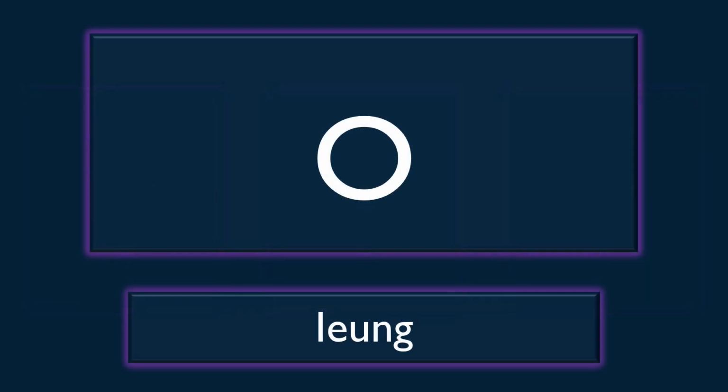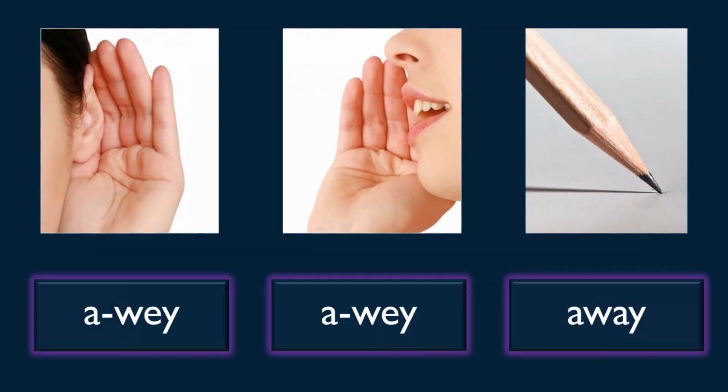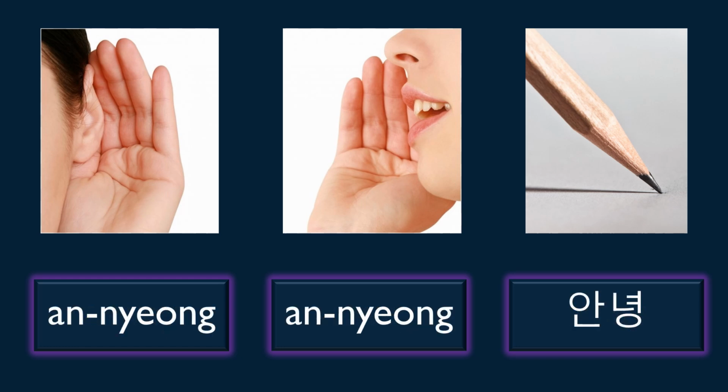Do you still remember that I told you about the silent consonant ieung? If the word begins with a vowel sound, then we know that the word must be spelled with a vowel first. Unlike in the Korean language, even if we hear the word and we know that the word begins with a vowel sound, it must be spelled with a consonant first.